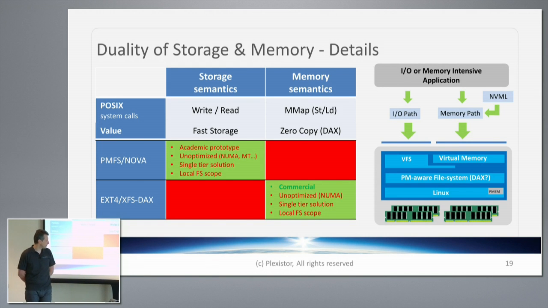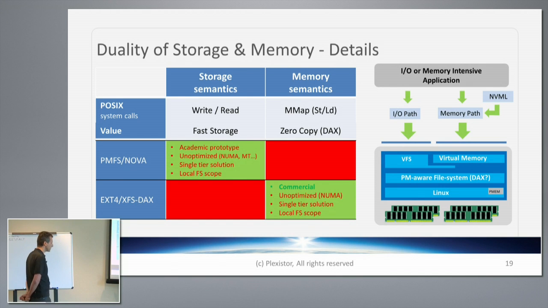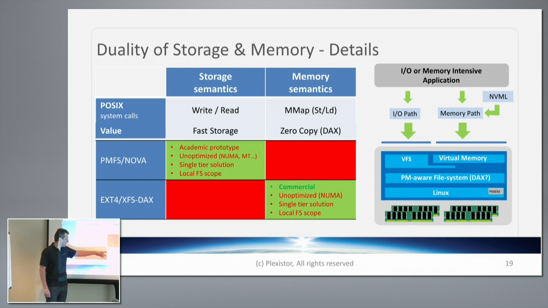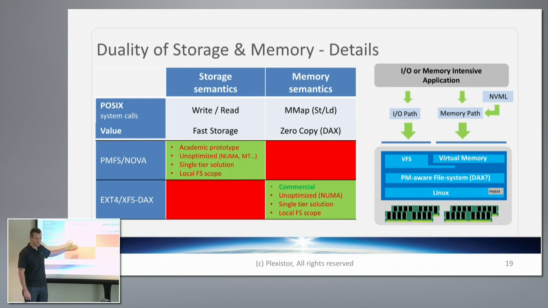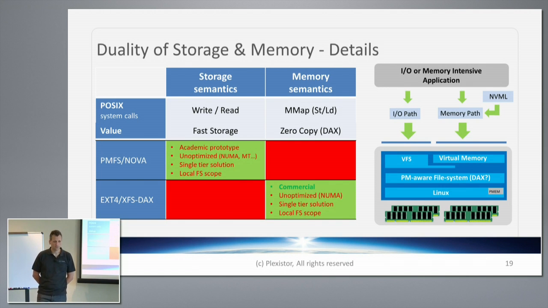The advantage here is that it is a commercial solution. It's within the Linux kernel and it's being distributed by several companies, just like any feature within the Linux kernel. But it does suffer from the same set of issues like PMFS and NOVA. Again, it's not optimized for NUMA in this case.